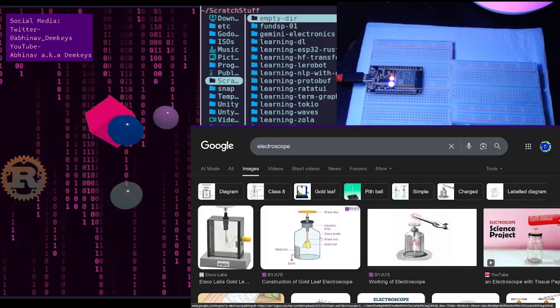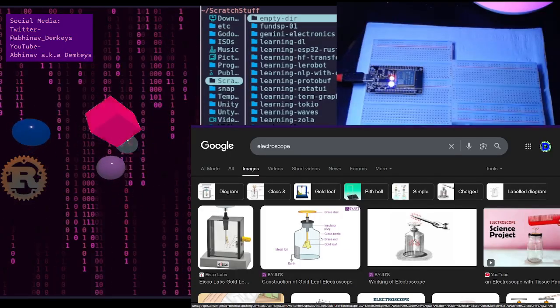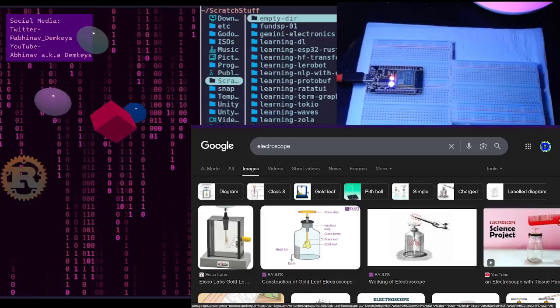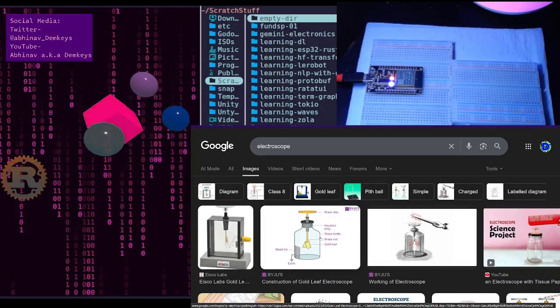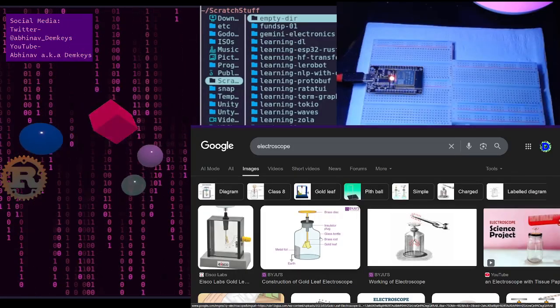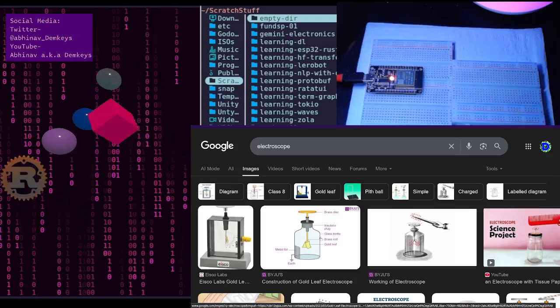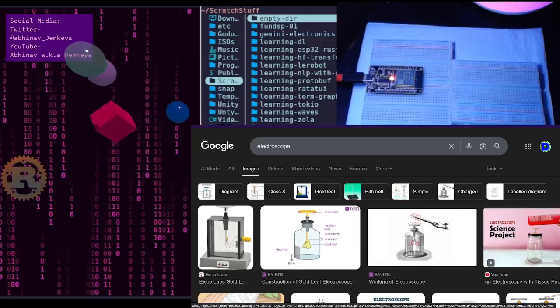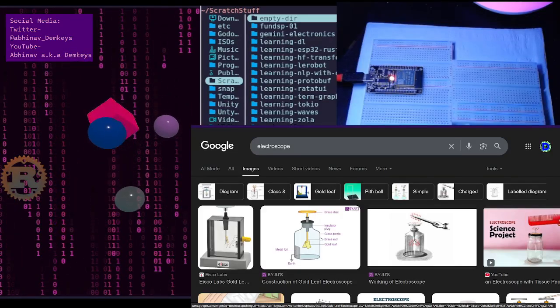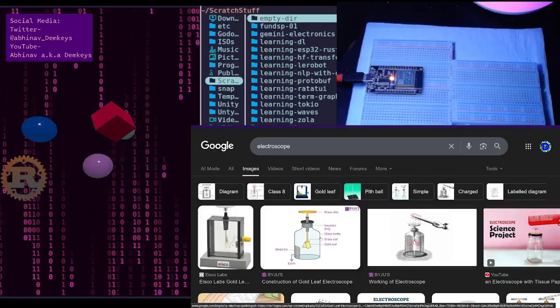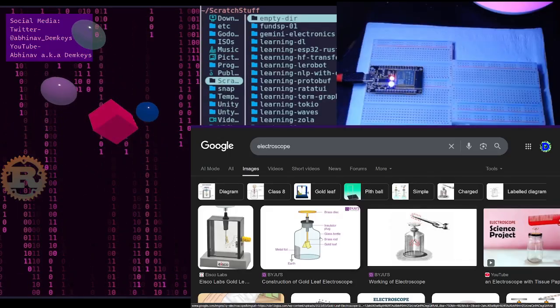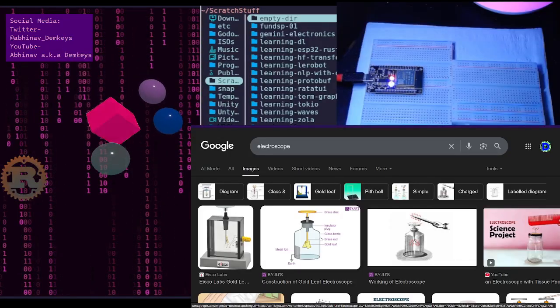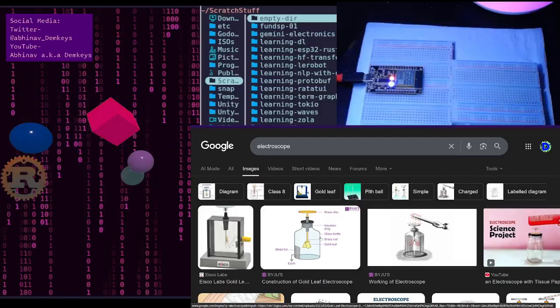This is my understanding of what's going on, that the foil's sheets repel each other because of their mostly positive charge. And that whole phenomenon is really interesting to me.